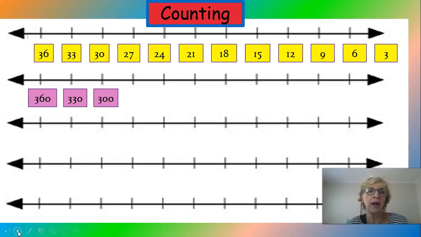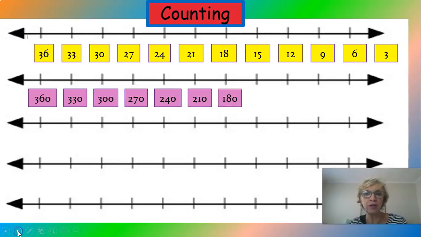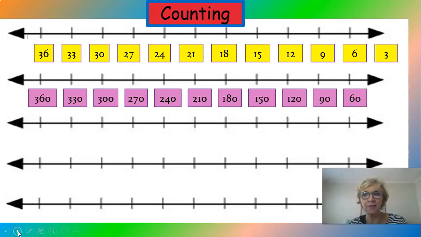And then 300, look at the pattern with the yellow numbers and with the purple numbers. 270, 240, 210, 180, 150, 120, 90, 60, and 30. Right, so we're counting backwards in 30s over there.